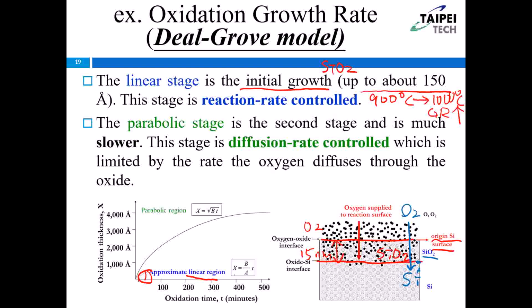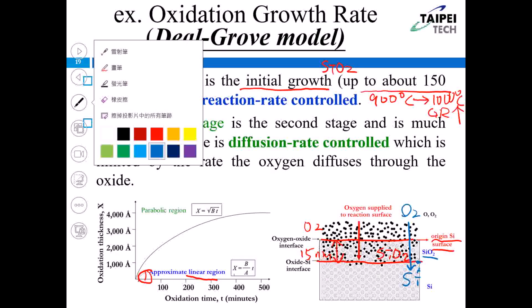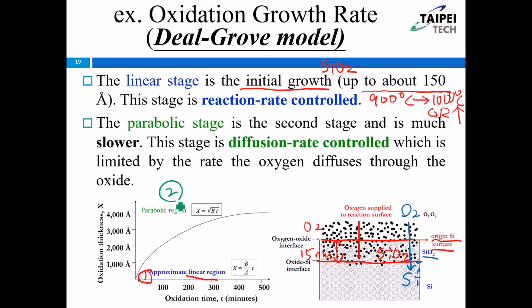Also for the second stage, we mentioned the second stage is the parabolic region. For the parabolic region, right now we are talking about the oxidation through the silicon dioxide. After we deposit the 50 nanometer silicon dioxide, the oxygen must diffuse through the silicon dioxide. However, we don't have a lot of oxygen at the silicon surface.